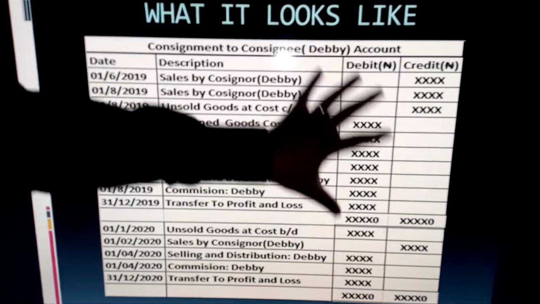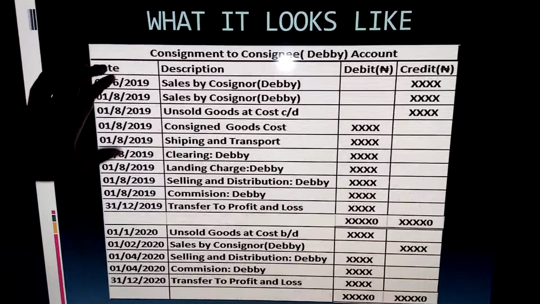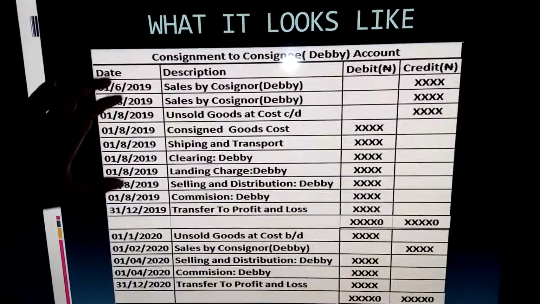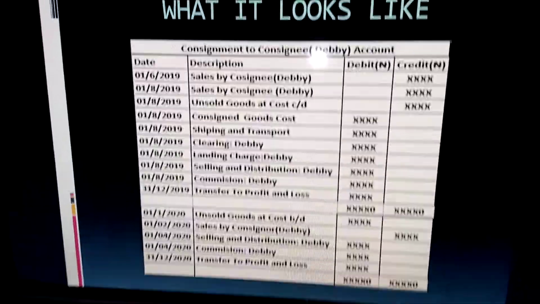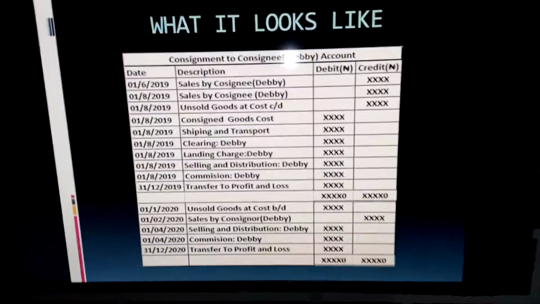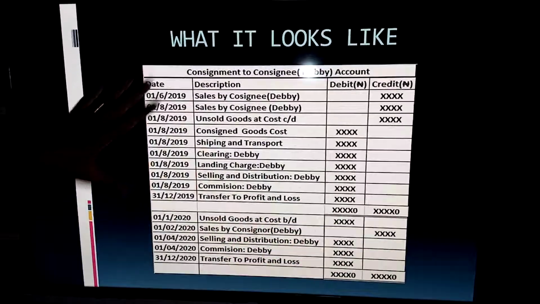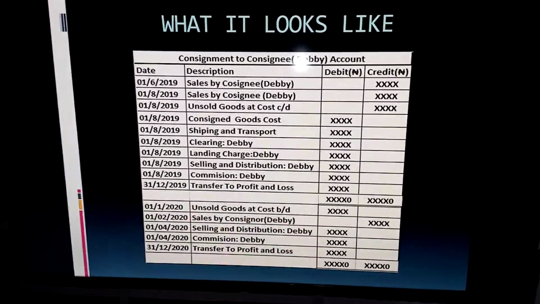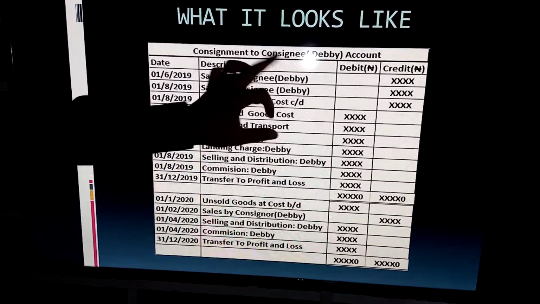So this is what it looks like. I've already explained consignment to the consignee's account, where you have sales. So basically what we are saying here is that the account here is the same thing as the consignment to the consignee's account, and then you have sales by the consignee. You can see Debbie here.